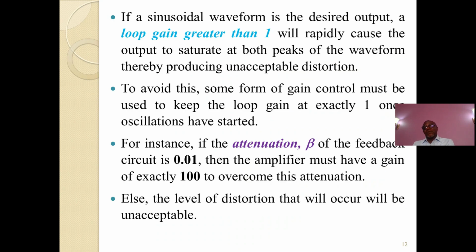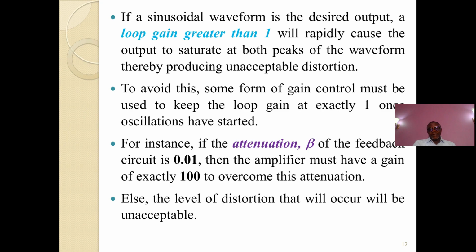Now, if a sinusoidal waveform is the desired output, a loop gain greater than 1 will rapidly cause the output to saturate at both peaks of the waveform, thereby producing unacceptable distortion. But we will see where this becomes useful anyway. To avoid this, some form of gain control must be used to keep the loop gain at exactly 1 once oscillations have started.